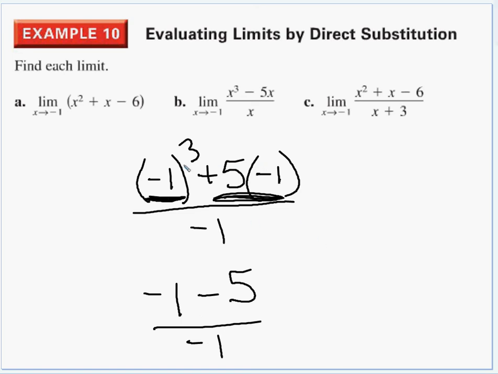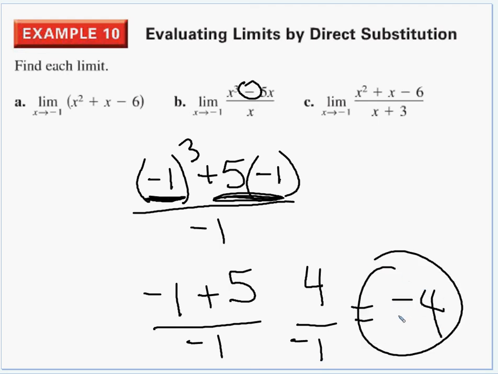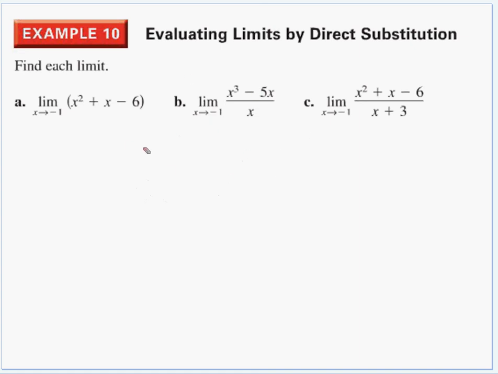Oh, there's my screw up. When I did this negative, because that was a minus, times the -1 here, that was a plus. This should be a plus. My bad. So -1 plus 5, that's 4, divided by -1 is -4. Direct substitution worked as long as we weren't approaching 0. If we were approaching 0, our denominator would be 0, and we'd have to try something else.